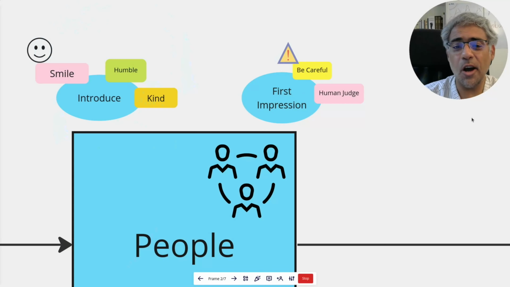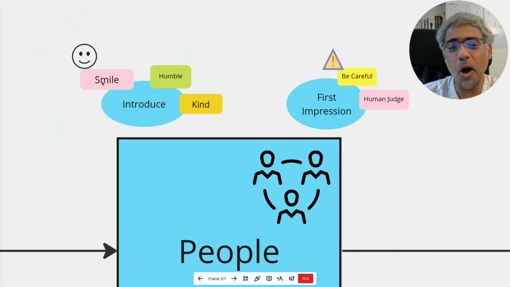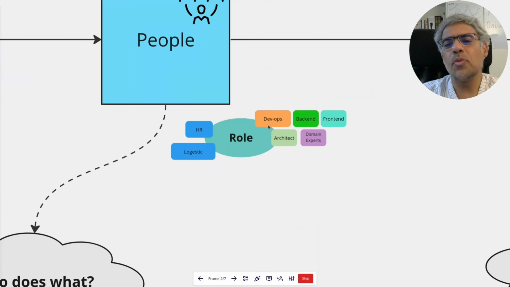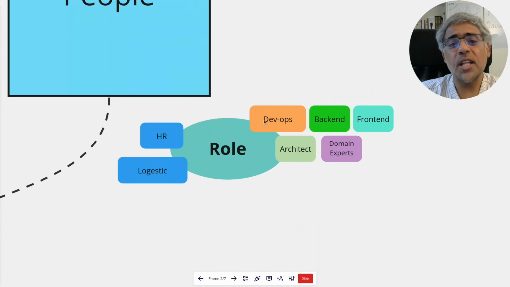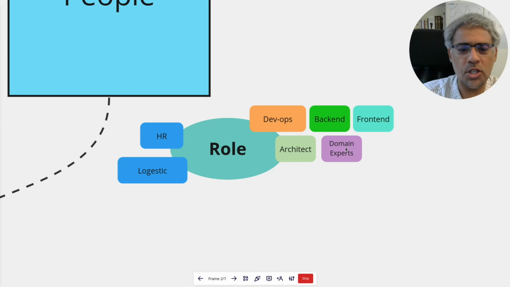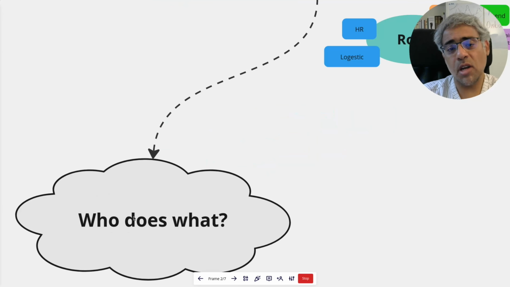That's why I highly recommend to have a good smile, be kind, and be humble at the beginning in your introduction. Then try to understand people by their role in the company, who is backend, front end, architect, and also you need to know some people like HR or logistic people. Again, I recommend to make a note of who does what.